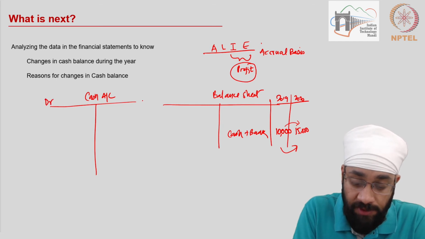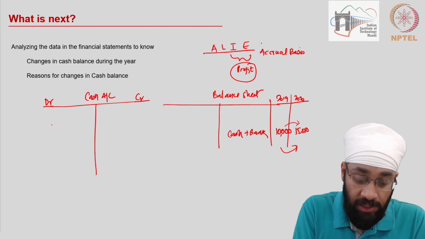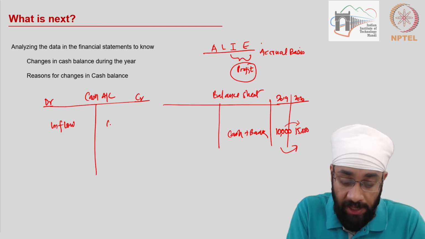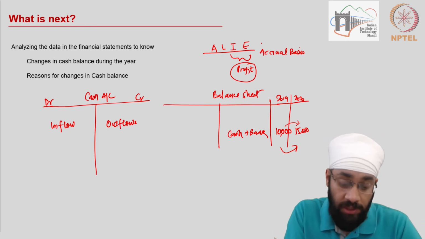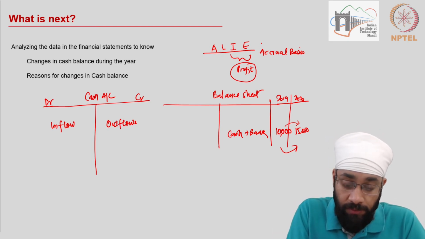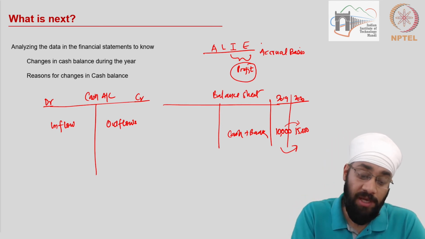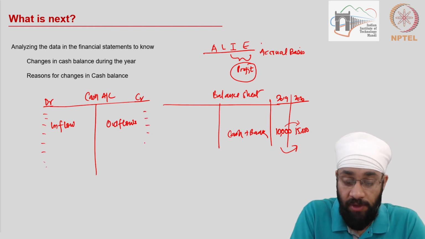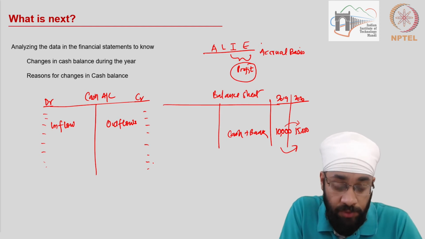You have debit side and you have credit side. And you have all the sources of inflow of cash on the debit side and all the outflows of cash on the credit side. So you could go to this account. However, this account again is going to give you a list that these are the items of inflows and these are the items of outflows. We already have this information.